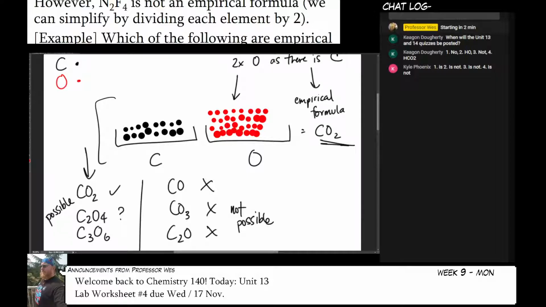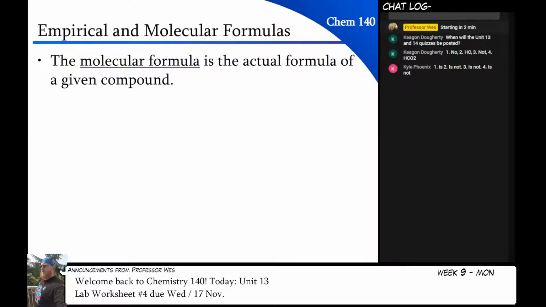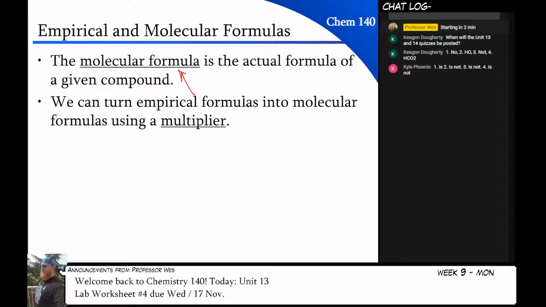Now, how do we get the rest of the way there? How do we figure out what exactly it is? The answer is that we weigh it. It turns out you can weigh individual molecules because we have a technique for that. We're going to talk about it more in 161, but the gist is that to get the molecular formula of the compound, you weigh it.